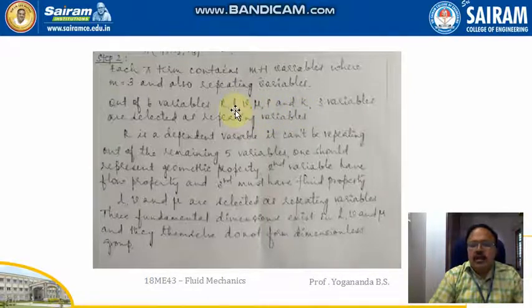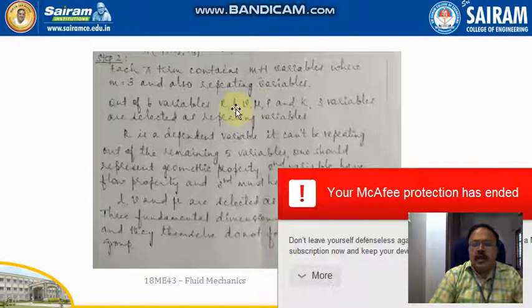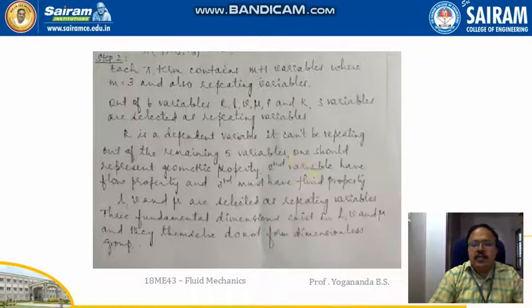So L represents the length, that is the geometric property. You can take length, volume and area as geometric properties. Now here L is representing the geometric property and V, velocity of the fluid, will be considered as the flow property, and out of mu, rho and K, which represent the fluid properties, you can take randomly any one of these three.